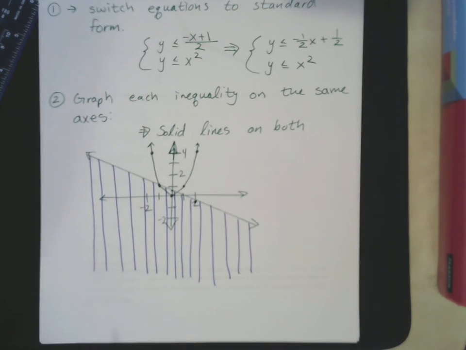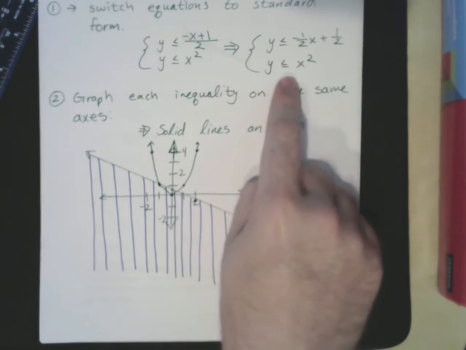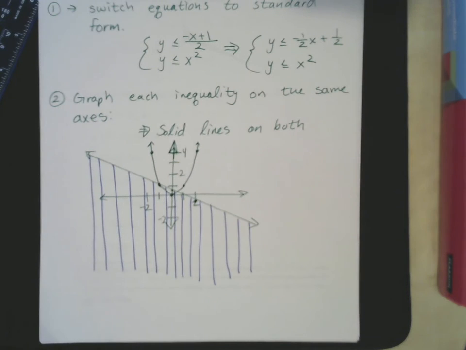Everything below the line. And then the quadratic is also less than, so that means outside the quadratic.